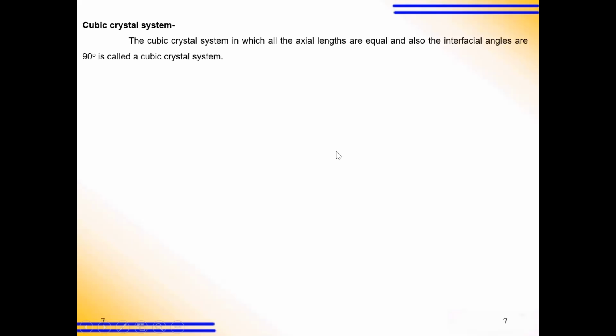In this way, the cubic system, when the axial lengths are equal and the interfacial angles are 90 degrees, is called the cubic crystal system. त्याला आपण cubic crystal system म्हणतो.